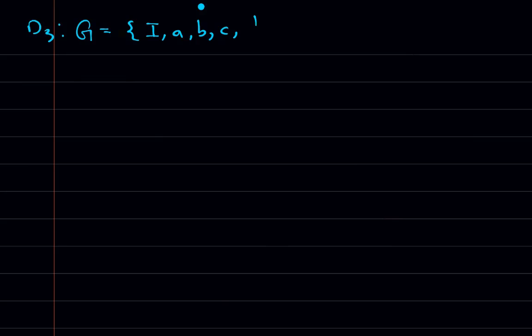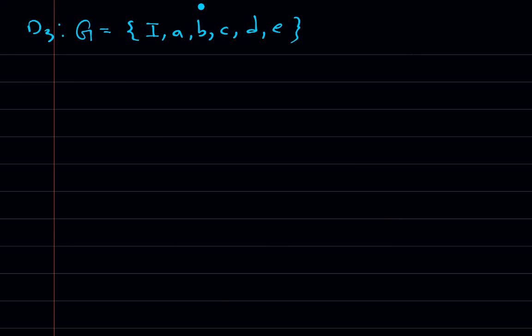So the example goes like this. Consider you have a group, and the name of the group is D3, which is the symmetry group of an equilateral triangle. We already discussed this in our last lecture, and I'm going to use some new notations here. So consider the elements are identity, A, B, C, D, and E. These are the elements of D3.